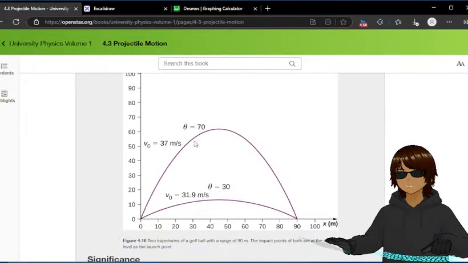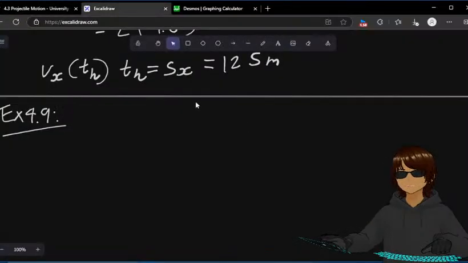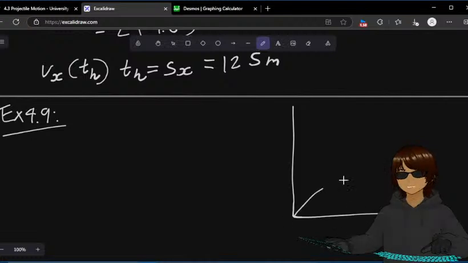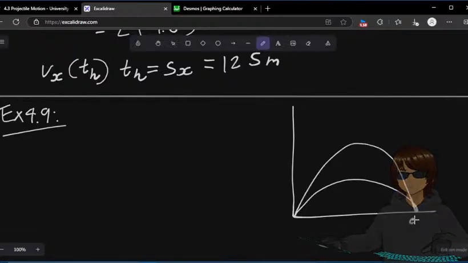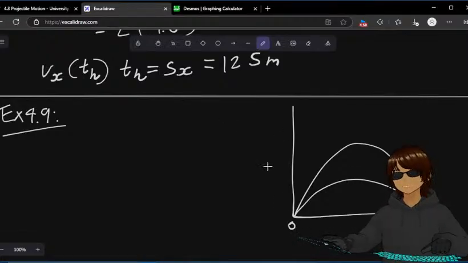So they're both hitting at 90. Okay, so I think this is what's happening. They both hit at 90. And what we are supposed to calculate, well, I already saw the answer, but I haven't calculated it anyway.